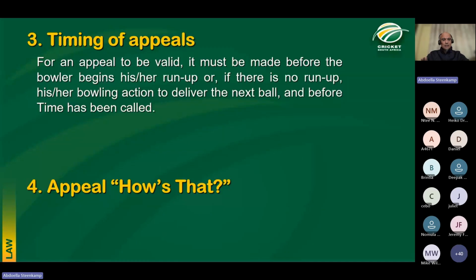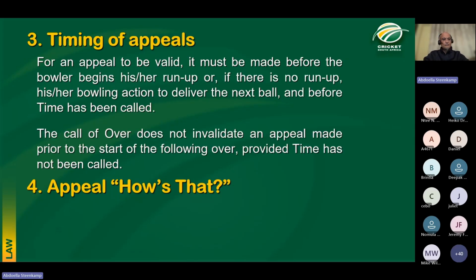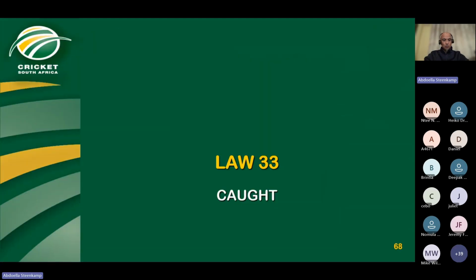It only closes once the bowler begins his or her run-up to bowl the next ball and before time has been called. The law goes on to tell us that even the call of over does not invalidate an appeal, as long as it's made before the bowler takes his or her first step to bowl the next over, and provided time has not been called.